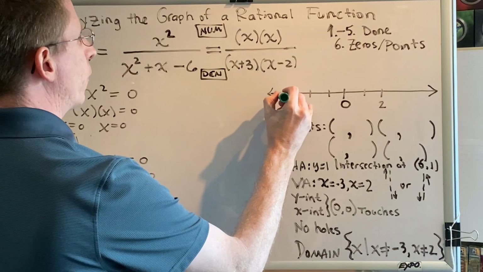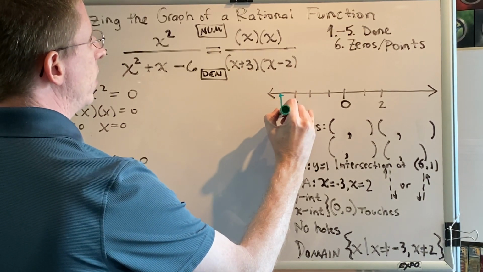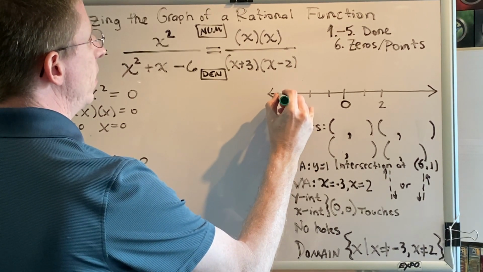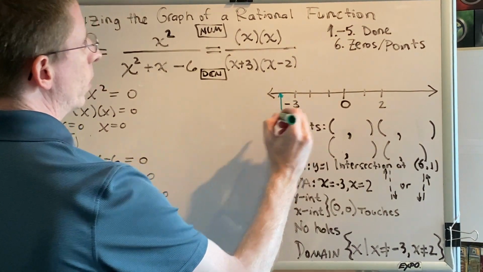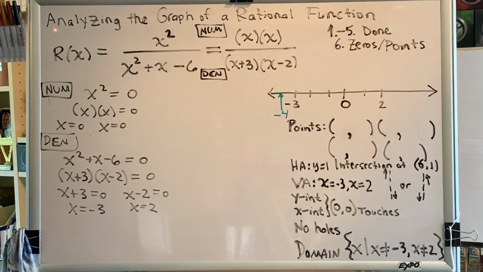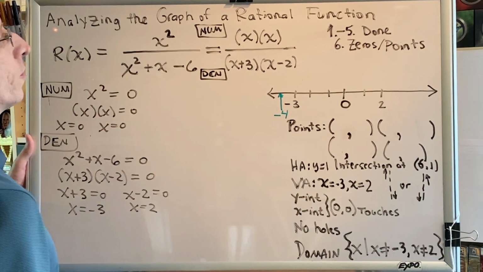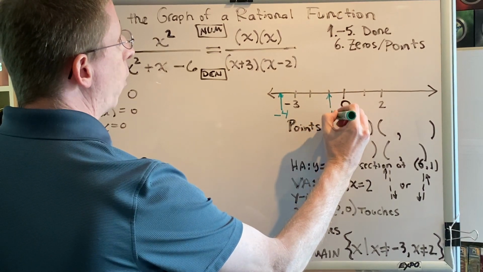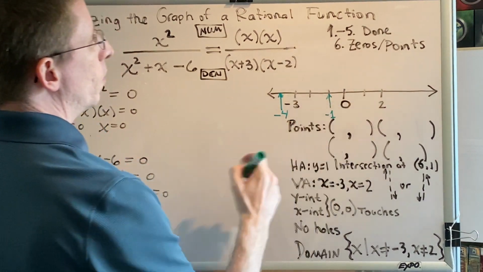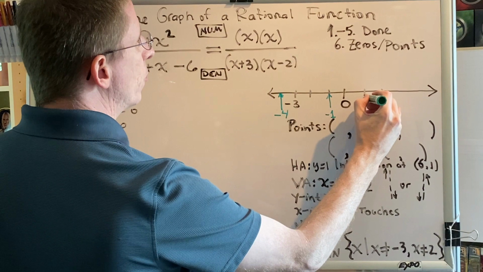To the left of negative 3, I choose negative 4. It's a convenient number, it's close to negative 3, it's still an integer, which means when we plug it in, we won't get crazy, messy numbers. Between negative 3 and 0, I choose the number negative 1. Between 0 and 2, I choose the number 1.